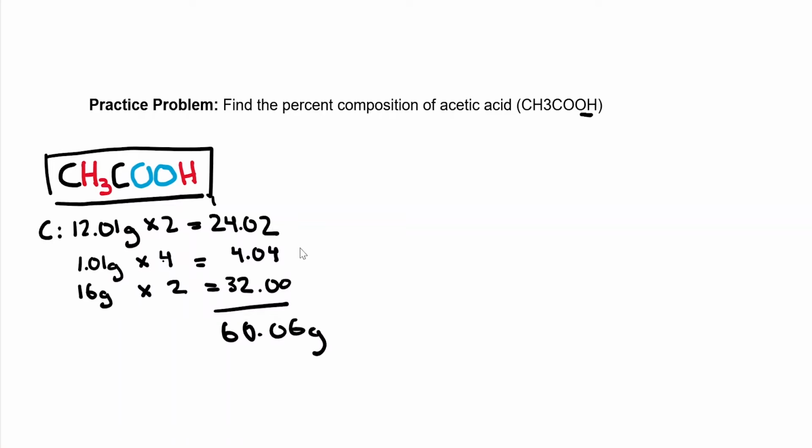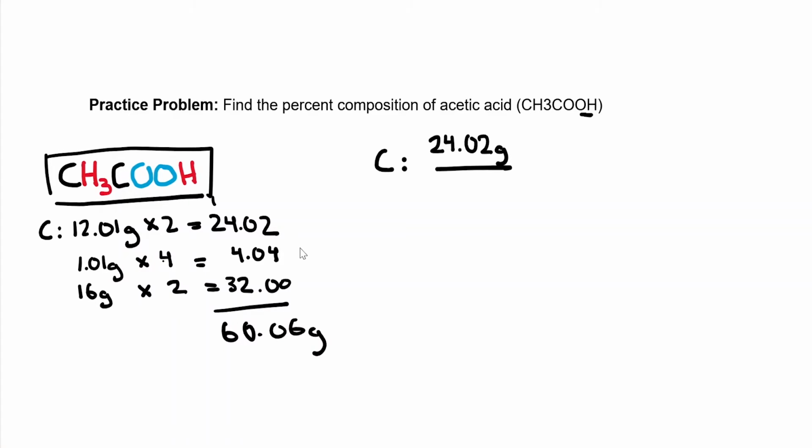When it comes to percent composition, typically you'll be asked to determine the percent composition of each of the elements of the compound. So we can use this value to determine the percent composition of each of the elements, and we have most of the work done for us. So let's do it for carbon here. We have 24.02 grams of carbon because there's 2 carbons, and we did that calculation earlier.